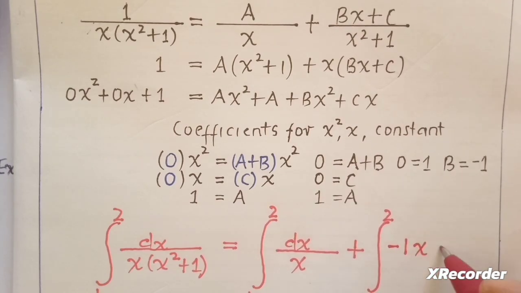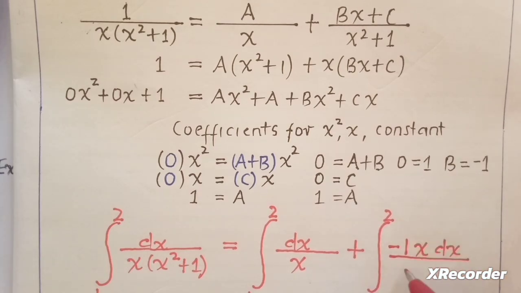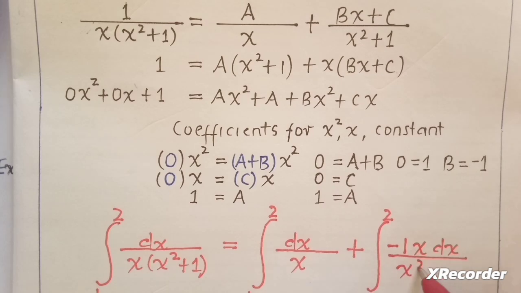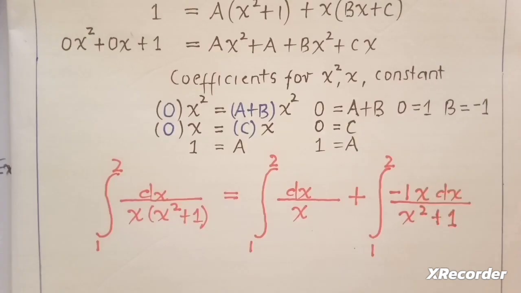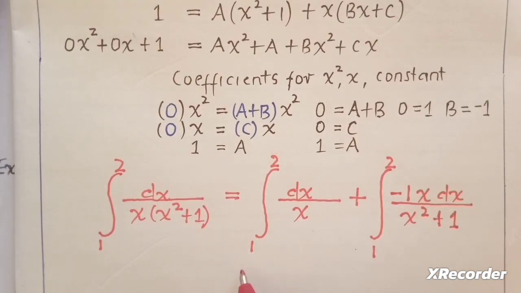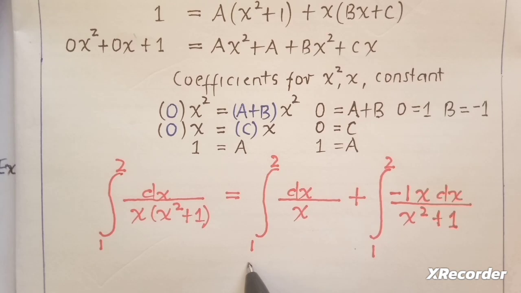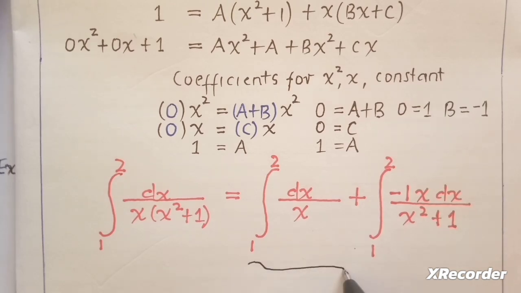Now we write dx there, all over x squared plus 1. So therefore, guys, we are now going to evaluate these two, because this is what we require after we have divided this fraction into two partial fractions. So we are going to integrate these two, guys.